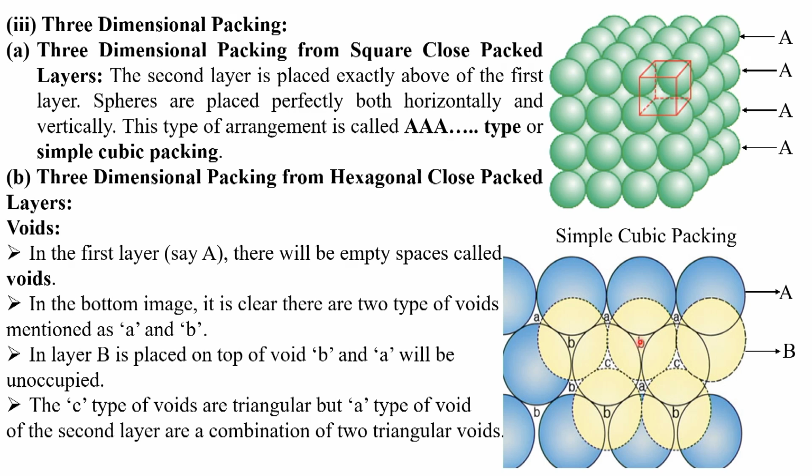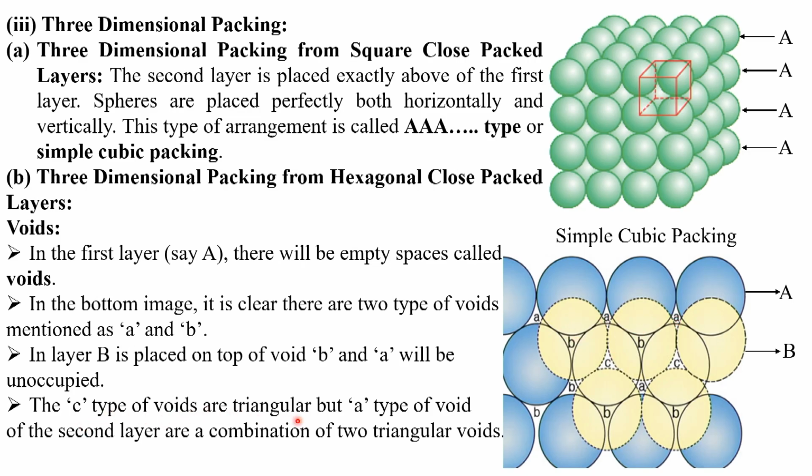This is a 3-dimensional thing, it is difficult to understand. So, in layer B, it is placed on top of void B and A will be unoccupied. So this space is unoccupied here.